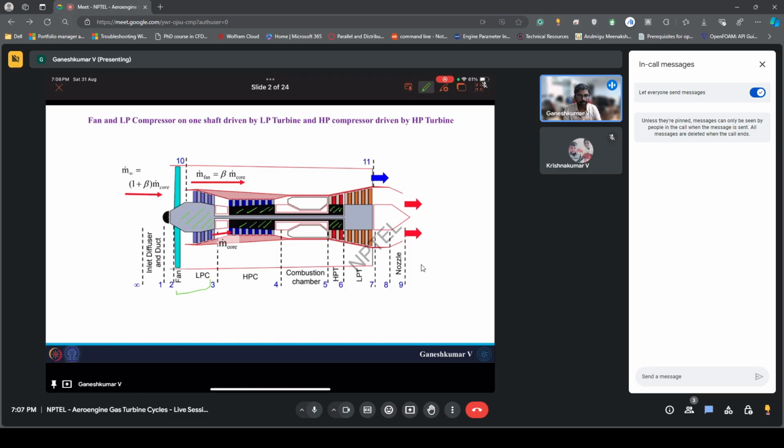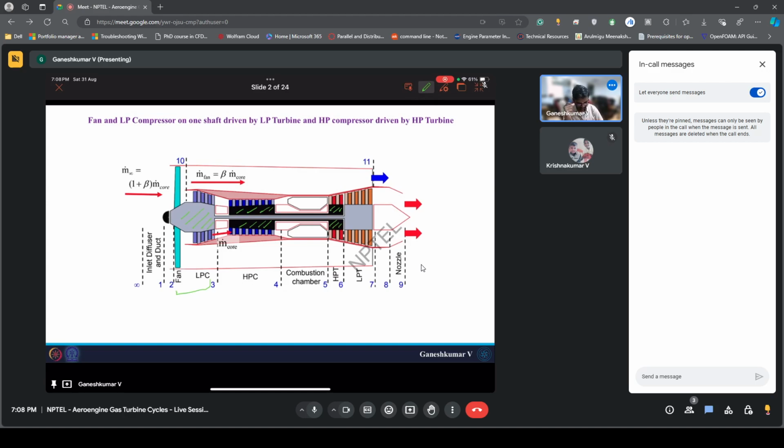In the bypass stream, it just encounters a nozzle, gets expanded, and reaches a higher velocity, which gives us thrust. So there will be two thrust components, which we already saw last week for turbofan engines. Remember, this is the unmixed flow. There will be a mixed flow turbofan engine, which you will learn soon in upcoming weeks.